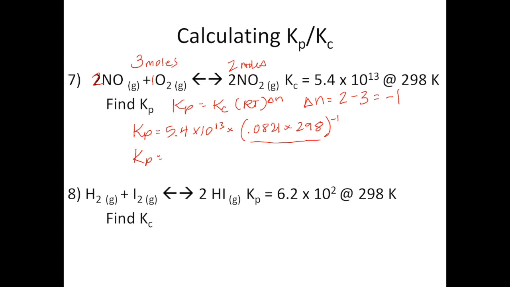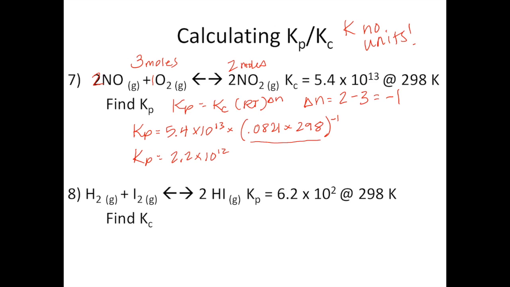What I get for Kp is 2.2 times 10 to the 12. There are no units. I didn't even mention that yet. There are no units for K. Equilibrium constant has no units. So you can't forget them. Okay? No units. They all cancel out.